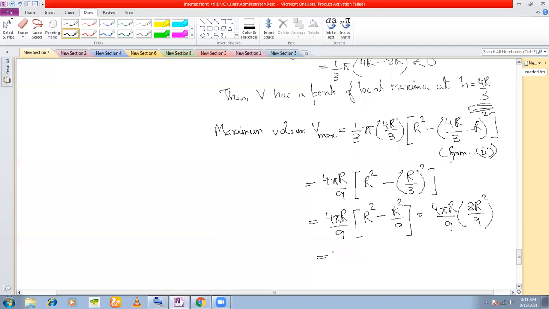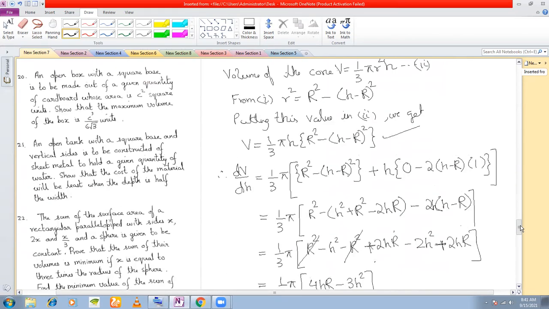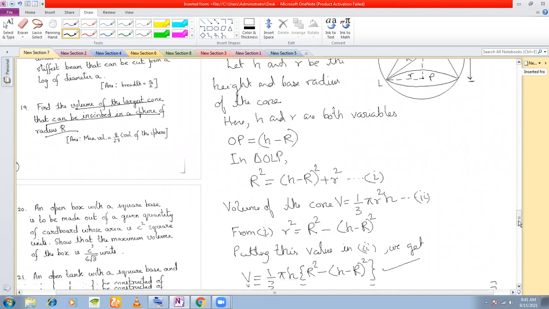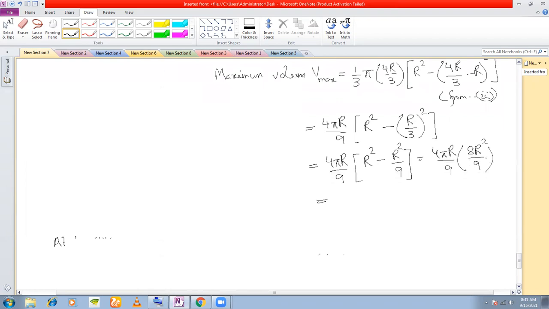So how much do you get? See, read the question, it says find the volume of the largest cone that can be inscribed in a sphere of radius r. Okay. So what you see here is the volume of the largest cone. So let's write this as 32 pi r cube divided by 81. You can leave your answer here.